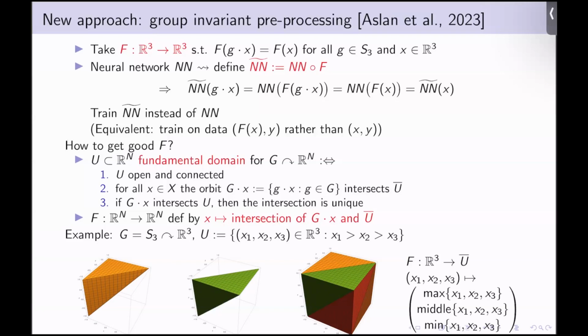But let's say you define this fundamental domain the way I did it, so ordered in descending order. Then you get the following projection map, capital F. Namely, it takes the vector x1, x2, x3 and sends it to the maximum, then the middle value of the 3 values, and then the minimum of them.